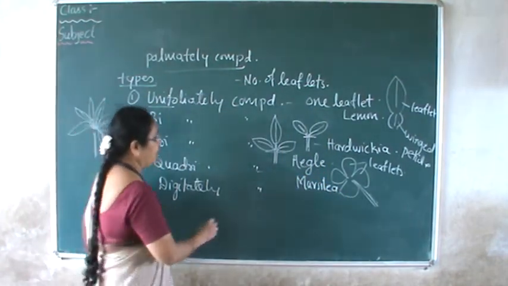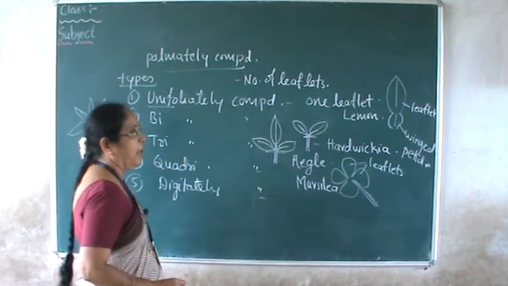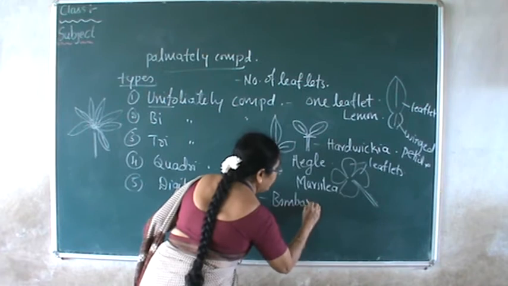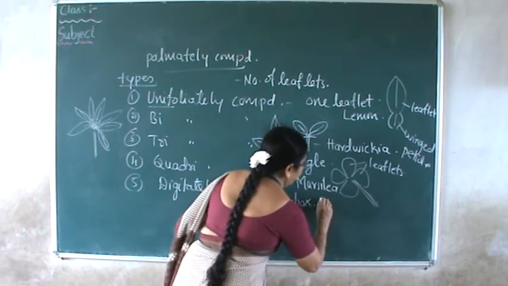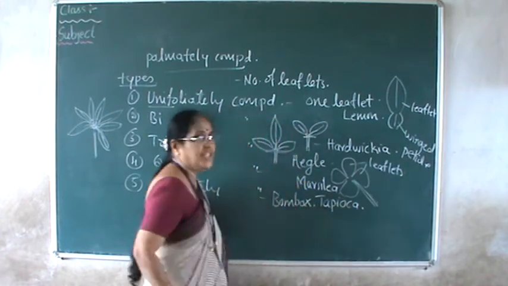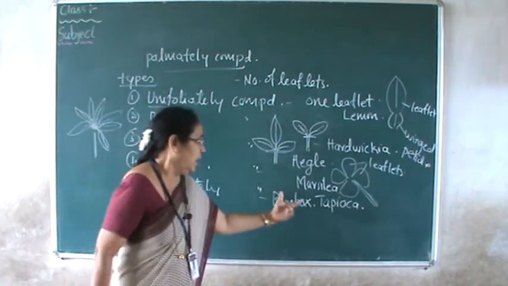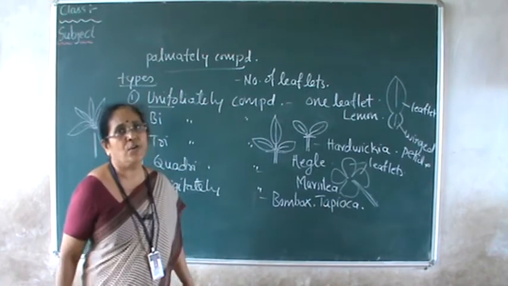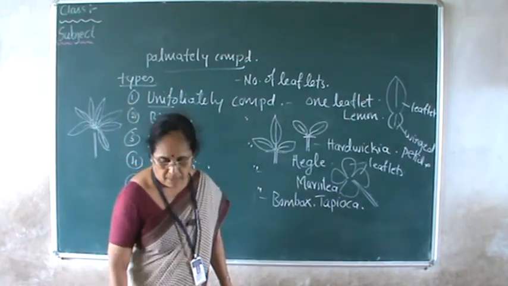The name of the plant in which we find the digitately compound leaf is Bombax. Bombax is a tree, Bombax malabaricum, and tapioca is a plant with a starchy root. It is a cultivated plant for its starchy root. Tapioca is another example, and Bombax is also an example for digitately compound leaf.